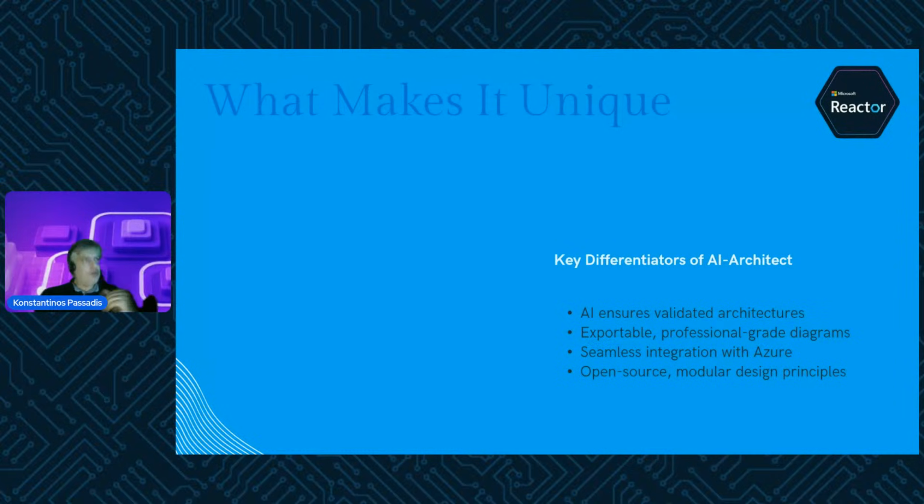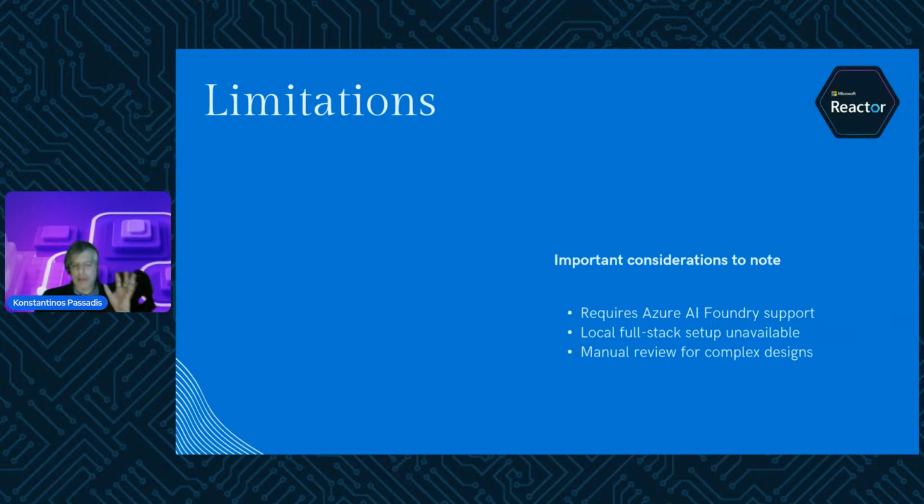The diagrams are exportable, of course. We're using Cosmos DB to save them, and everything is open source. No licensing, but you need an Azure subscription, and of course, you need the correct method to create the Foundry resources in a supported region. Remember that.